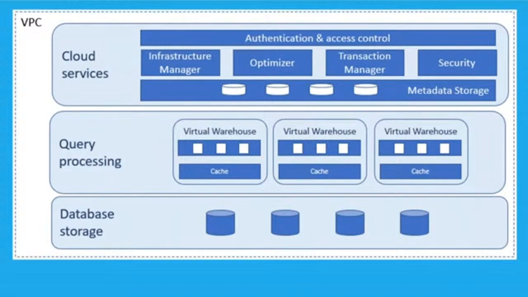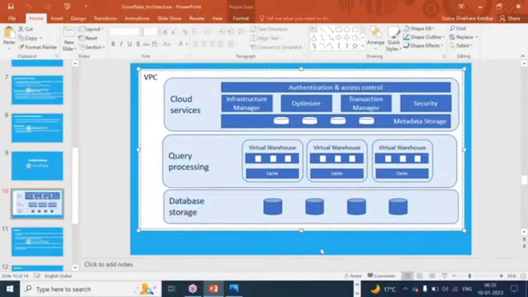I will show you how to create virtual warehouses and how they look. This is also one of the objects, like how you create a table. So the virtual warehouse is also one of the objects in your Snowflake, and you are going to create virtual warehouses.